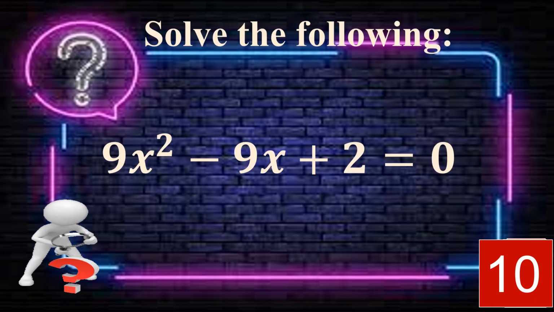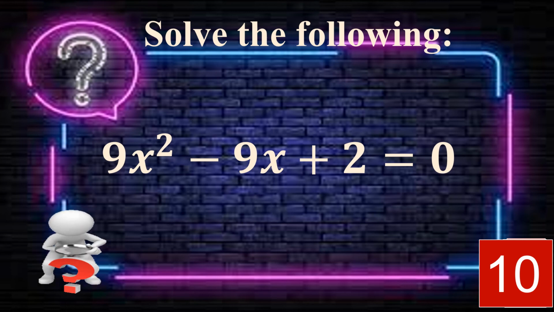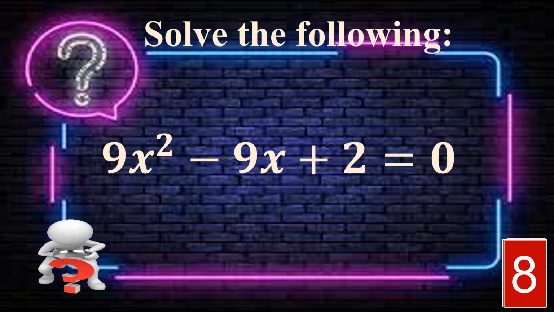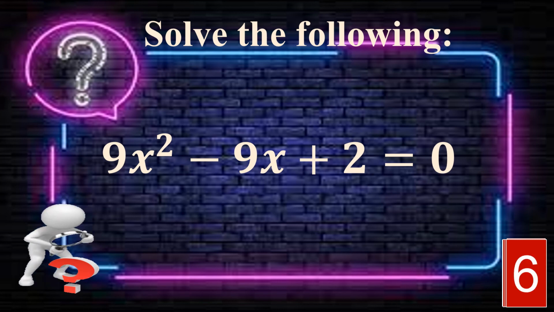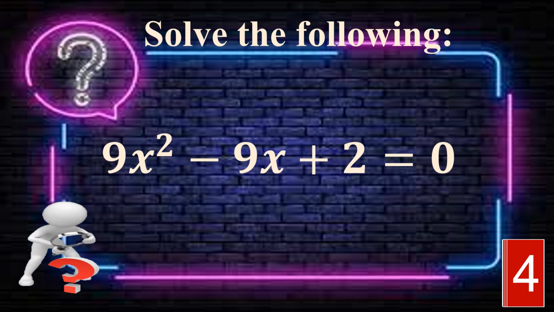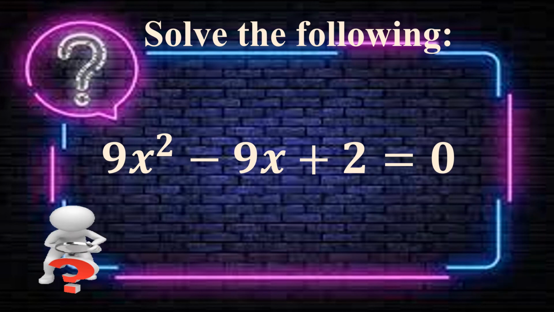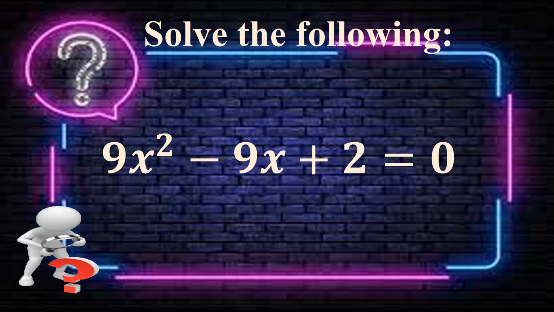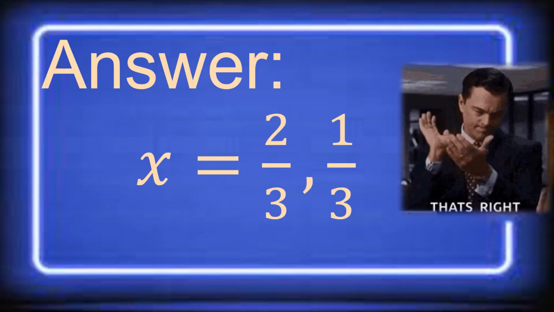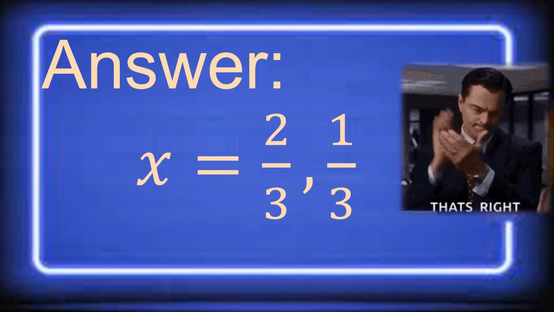Solve the following: 9x squared minus 9x plus 2 is equal to 0, in 10 seconds. That's right. The answer is 2 over 3 or 1 over 3.